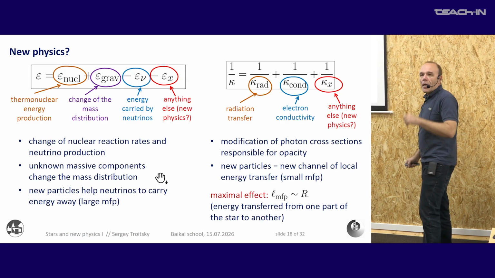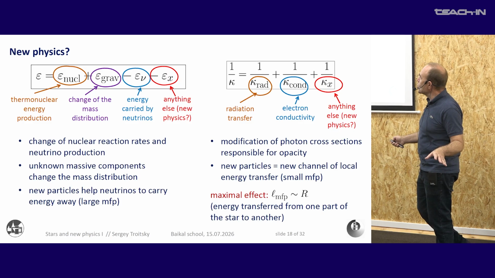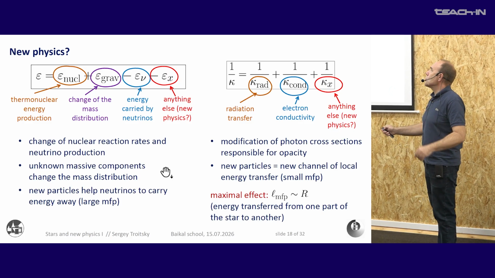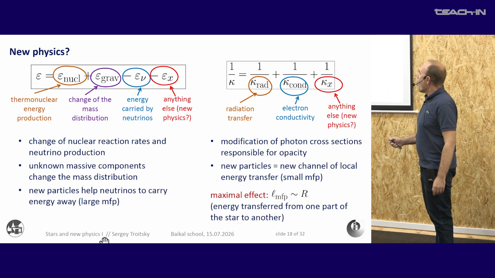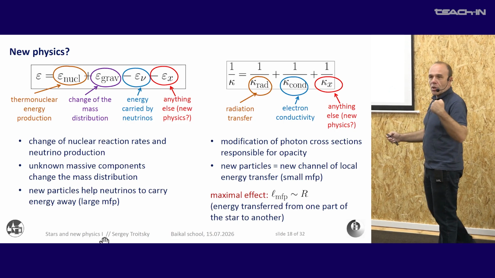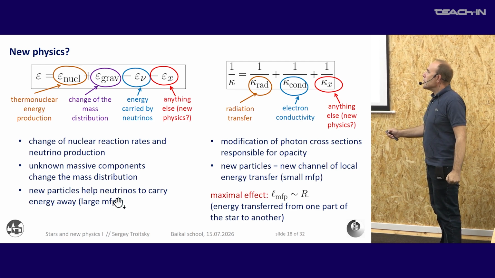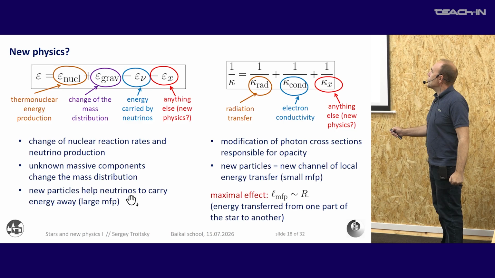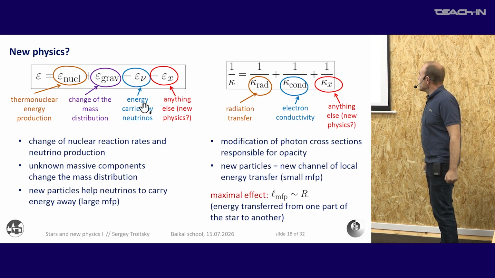We can add known matter to a star, which will change the mass distribution so that we will touch epsilon gravity. Or, as I have just mentioned, we can put in weakly interacting new particles which escape the star and help neutrinos to carry energy away, touching epsilon x.